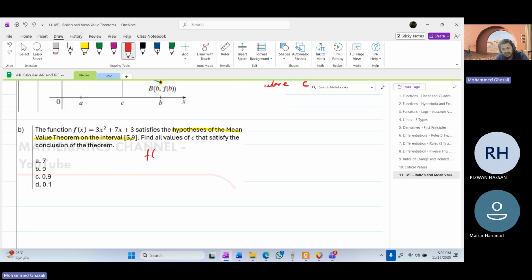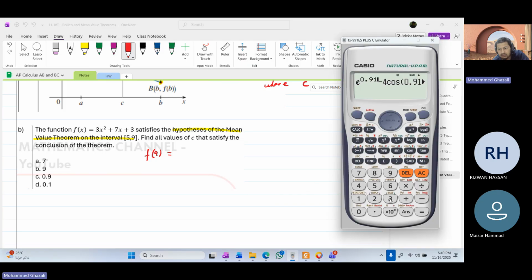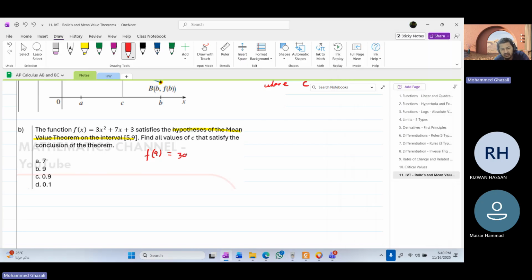So we're going to substitute 9 inside. If I substitute 9 in this function, what do I get? Someone please work it out. 3 times 81 plus 7 times 9. 309. Checking out 309.